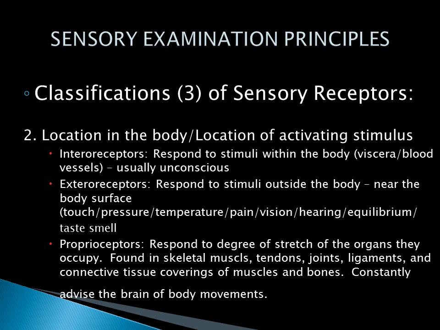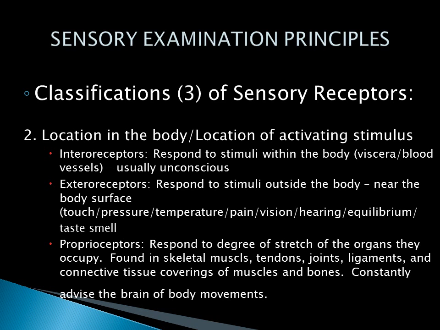And then finally, we have a population of receptors known as the proprioceptors. Okay, so we had the interoreceptors, the exteroreceptors, and now we have the proprioceptors. And what proprioceptors do is they respond to the degree of stretch of the organs that they occupy.